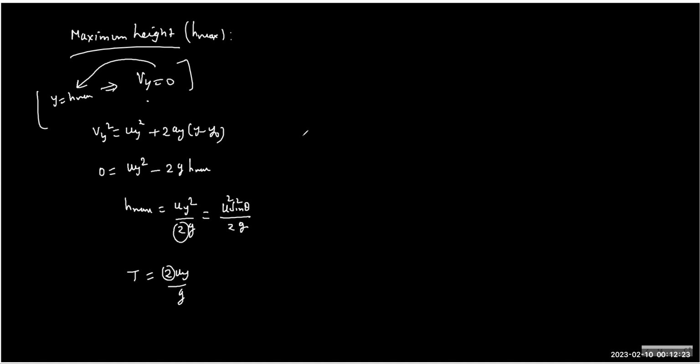But there is something unique about the time and the maximum height, and that is what we have to explore. So both depend on the vertical component, right? So what governs the time is also governing the H max.